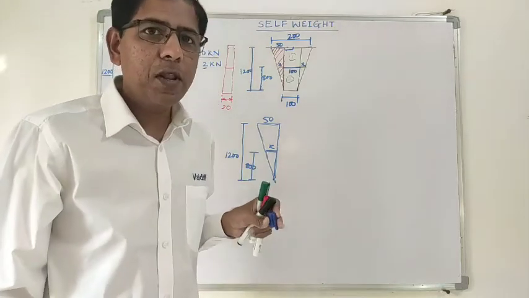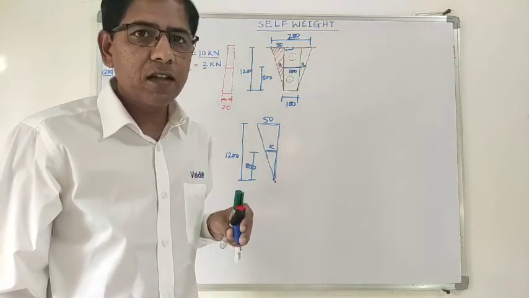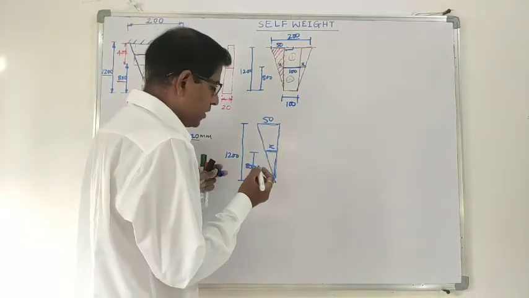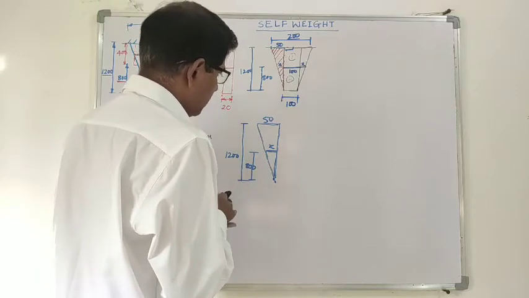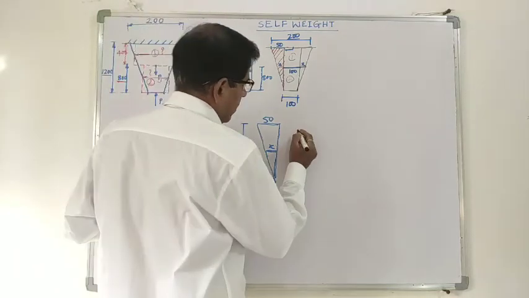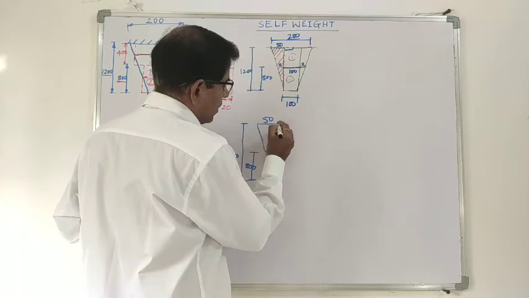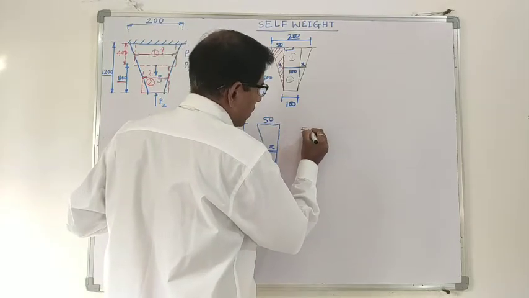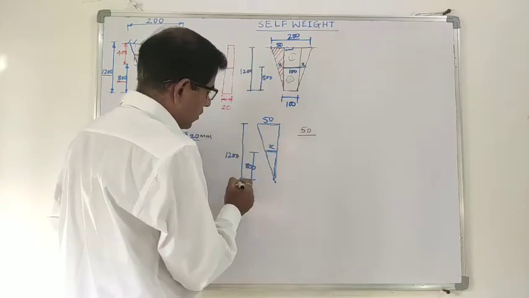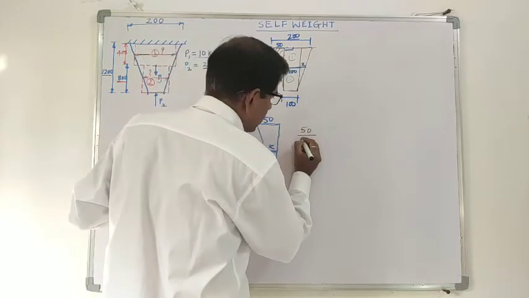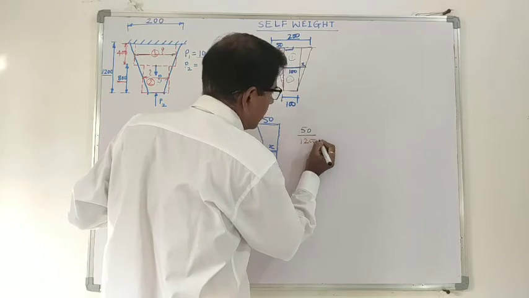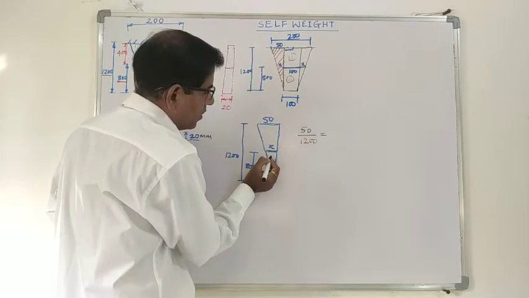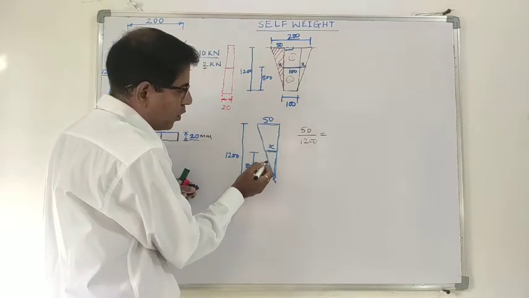Here we can apply the similarity of triangle method to find out x. The similarity of triangle method says this 50 upon total length, that is 1200, is equal to the corresponding dimensions of the smaller triangle.